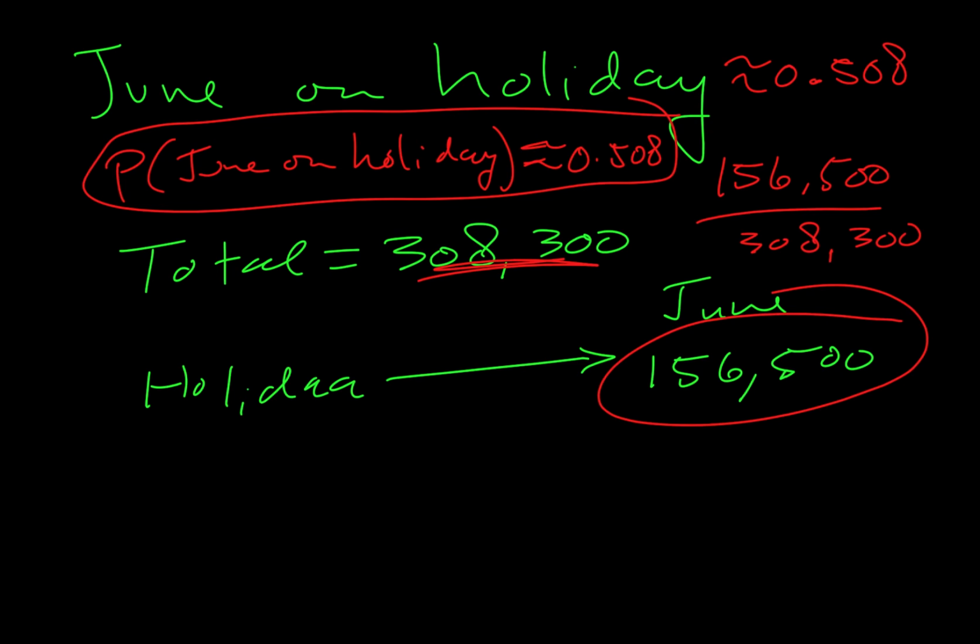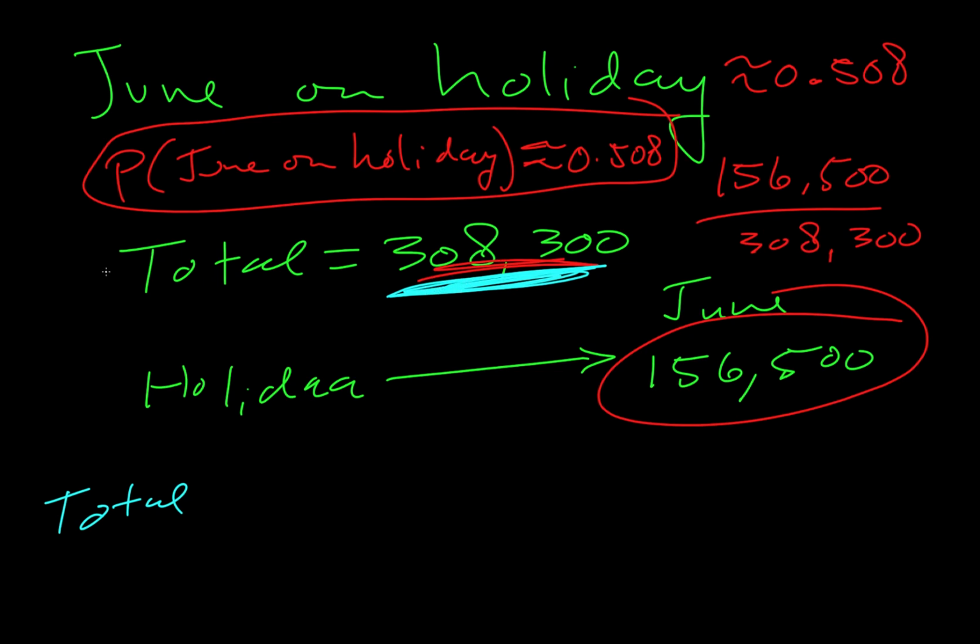Now the next one says estimate the probability that a person who came to Australia in the period April through June 2018 arrived in May. So for that, we're only going to look at the row on the bottom that says total. So once again, our total people visiting Australia, or sorry, not the total people visiting Australia.